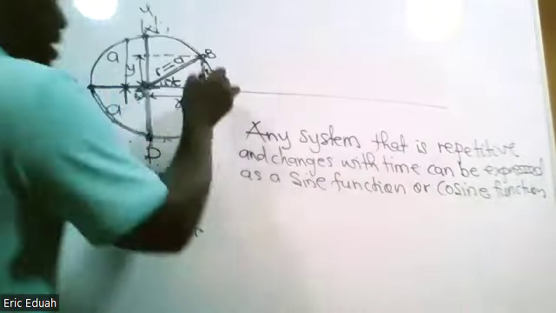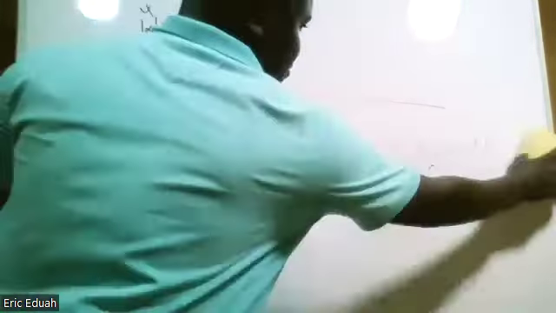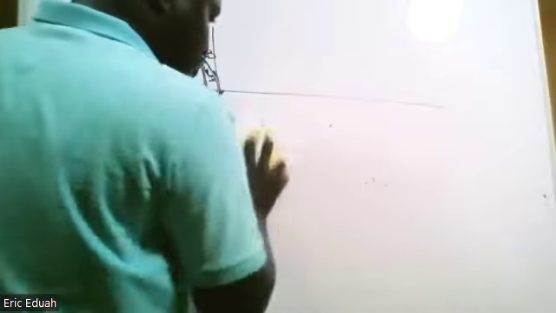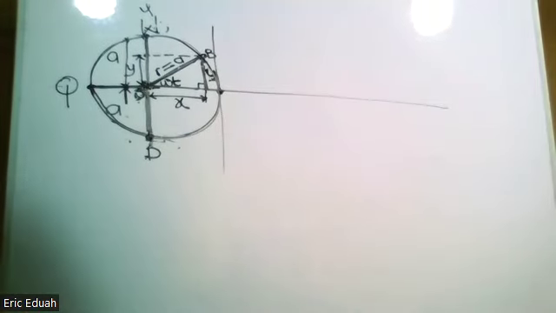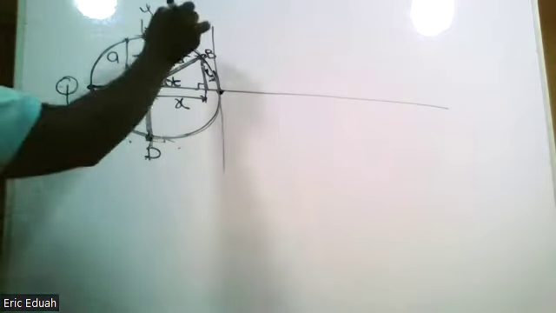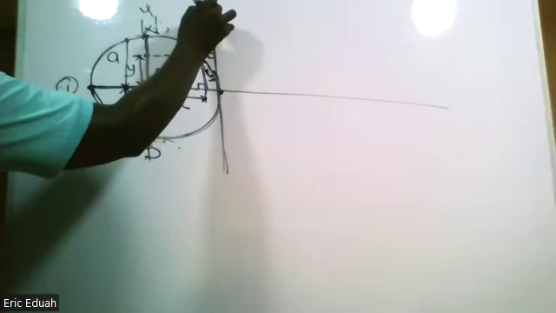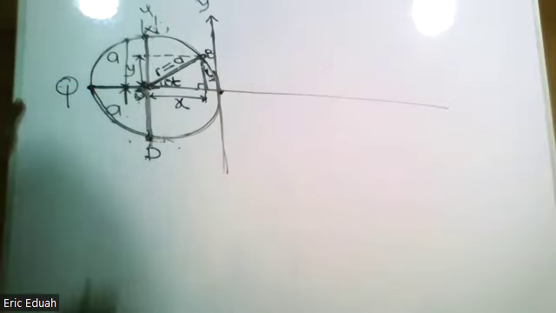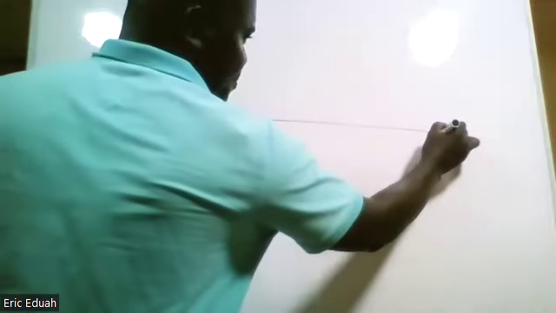So let me draw that for you. A body executing circular motion, but we can also see simple harmonic motion out of it. So we are plotting a graph of displacement y against time.